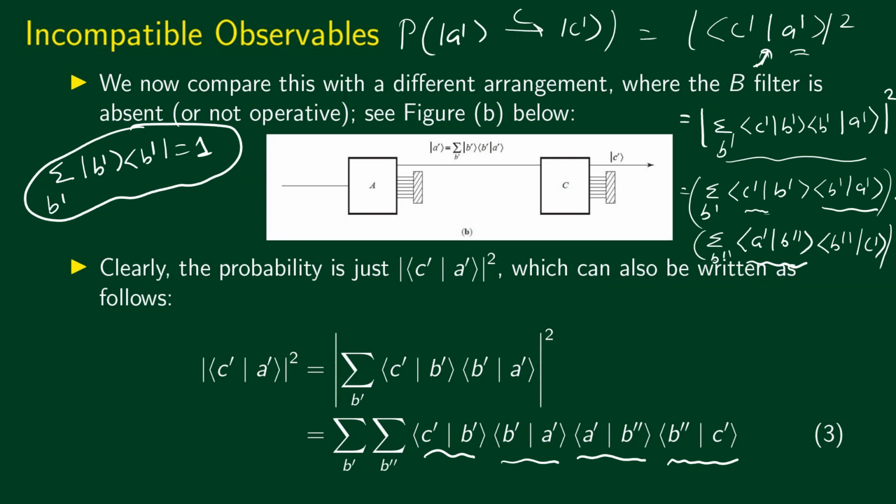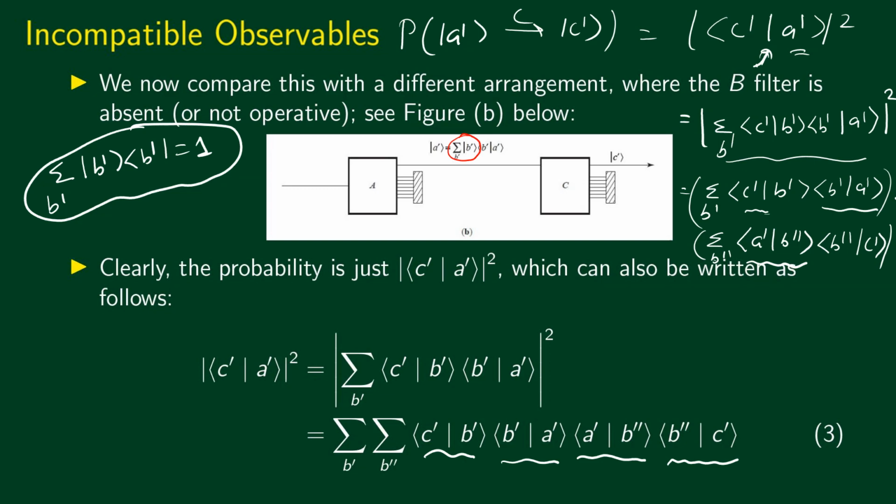But still, we can assume that since ket A prime can be written as a linear combination of ket B primes, we can write ket A prime as a linear combination of all the eigenkets of B, right? So we can say that ket A prime is spread out over the eigenkets of observable B, right?